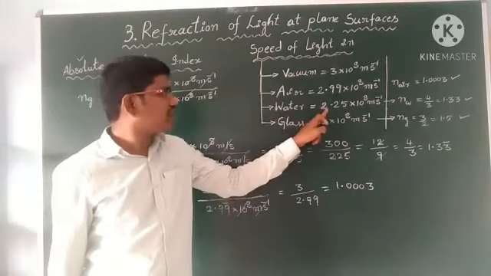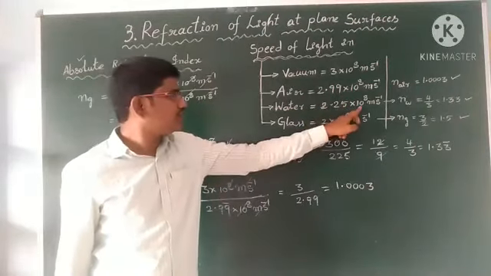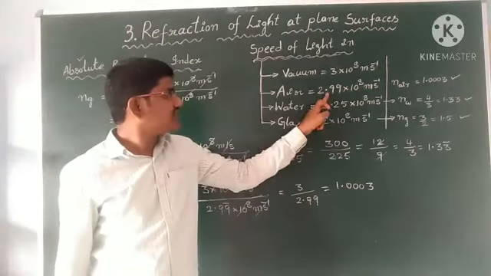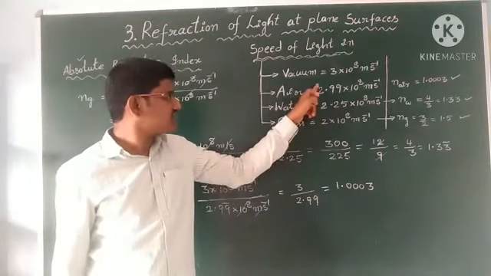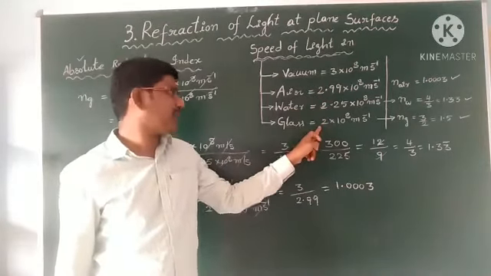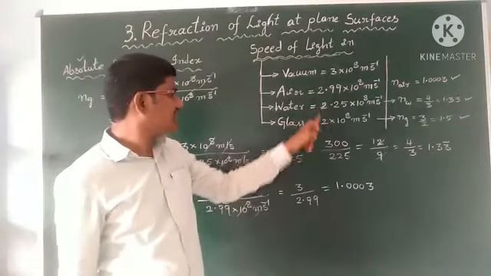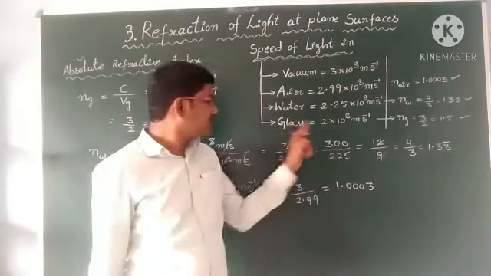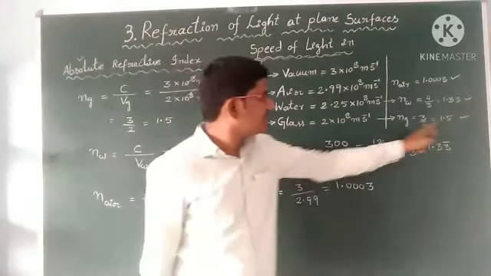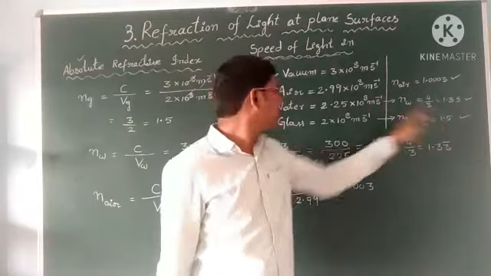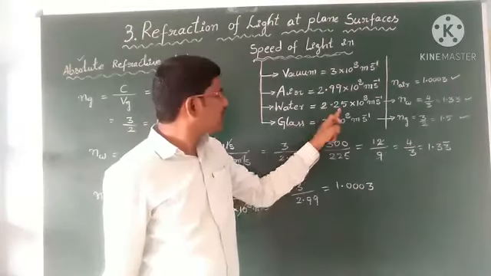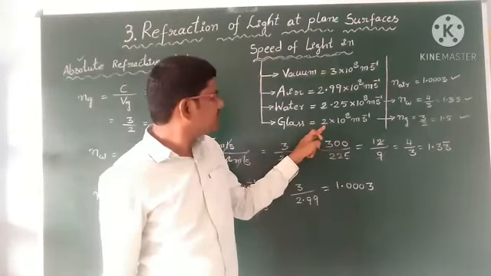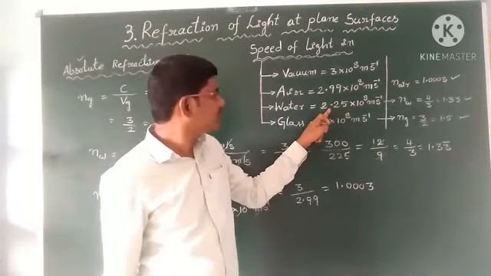The speed of light in water is 2.25, which is more than in glass.